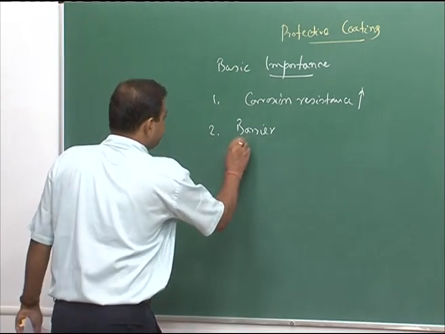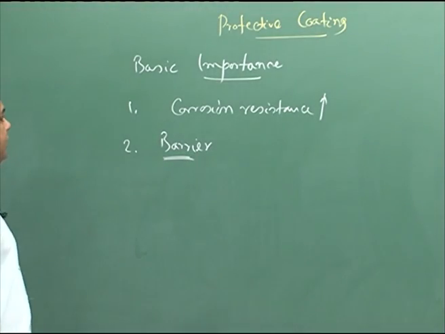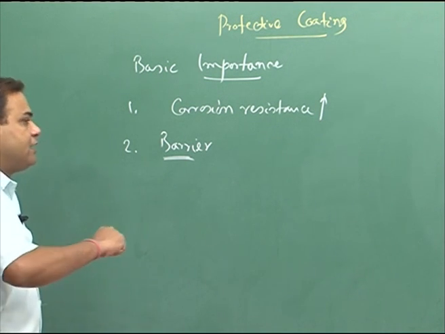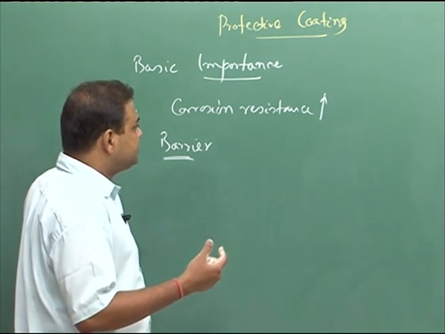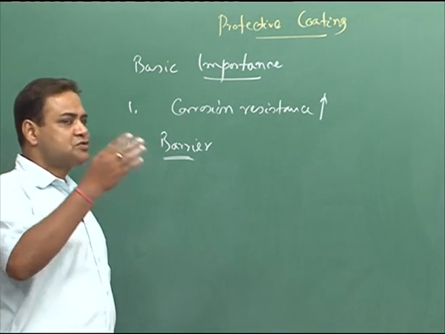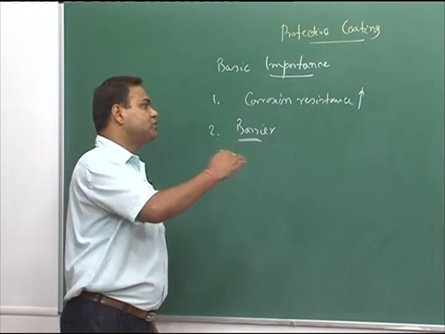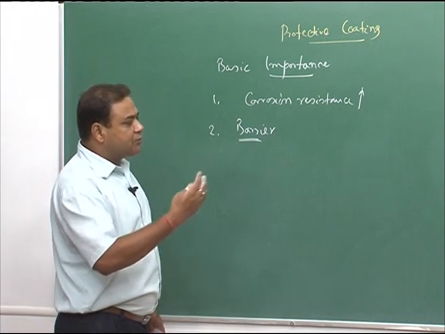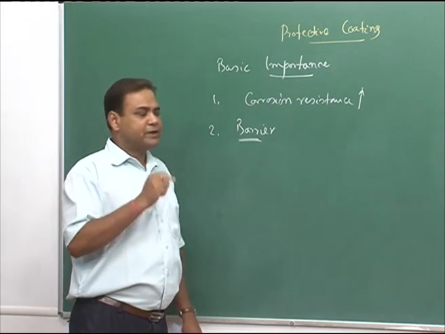So, this barrier type of coating, for example, simple paints, they generally do not interact with the species. Actually, they prevent those corrosive species from coming in close contact with the metal surface. So, that anodic or cathodic reaction would not happen on the metal surface.